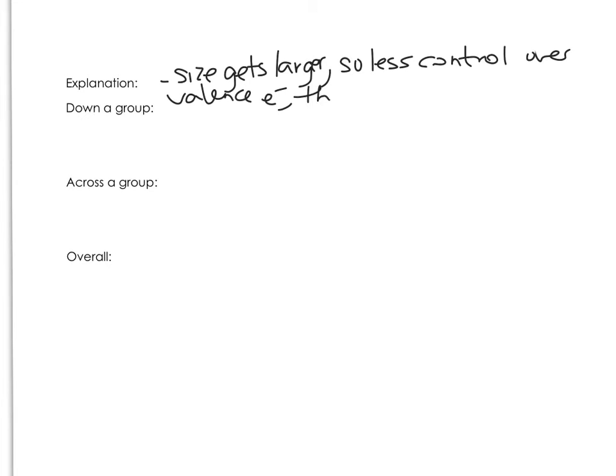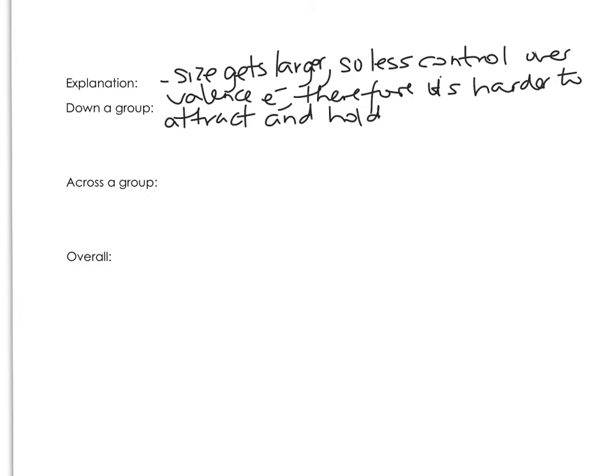Therefore, it's harder to attract and hold on to other electrons. So the larger you are, the less control you have over your own valence electrons. So therefore it's harder to even add another electron to it.